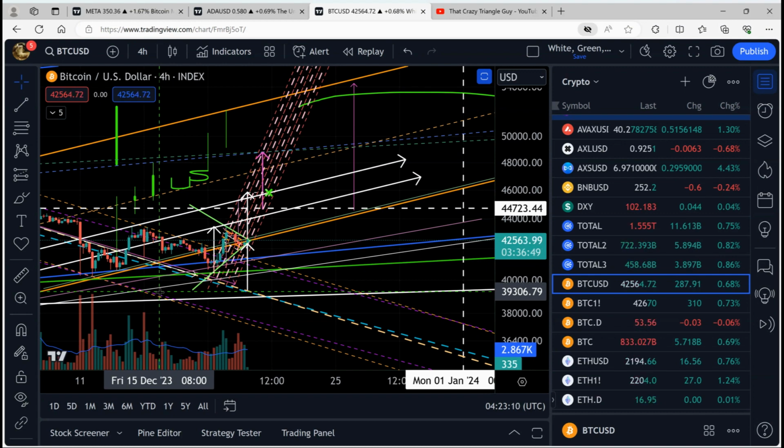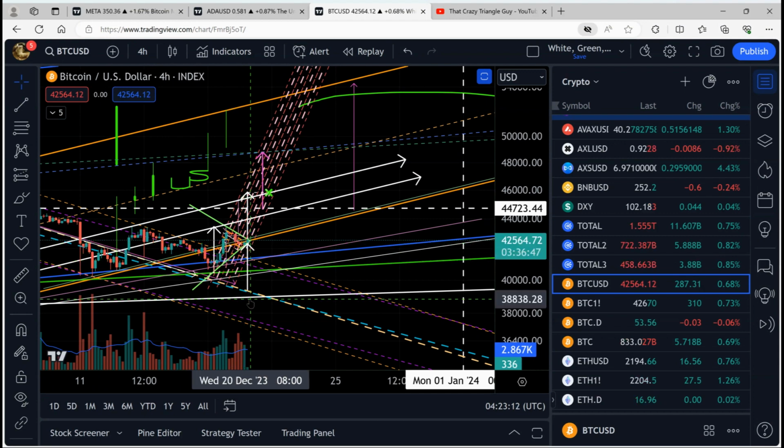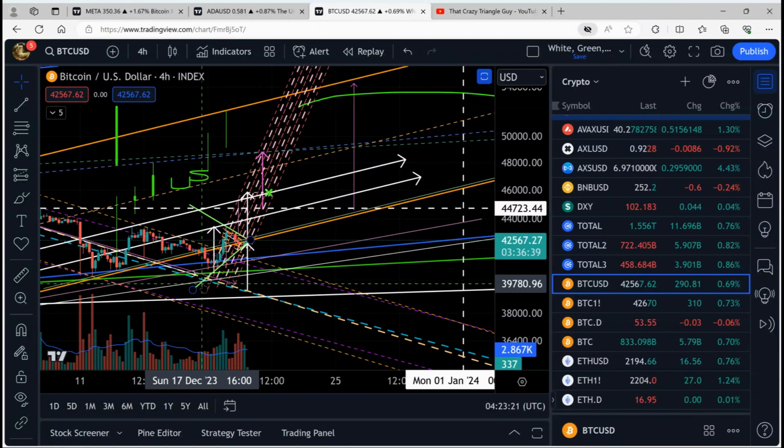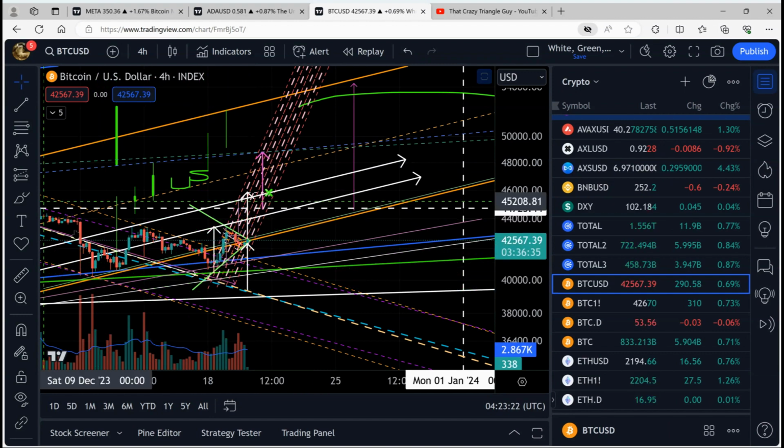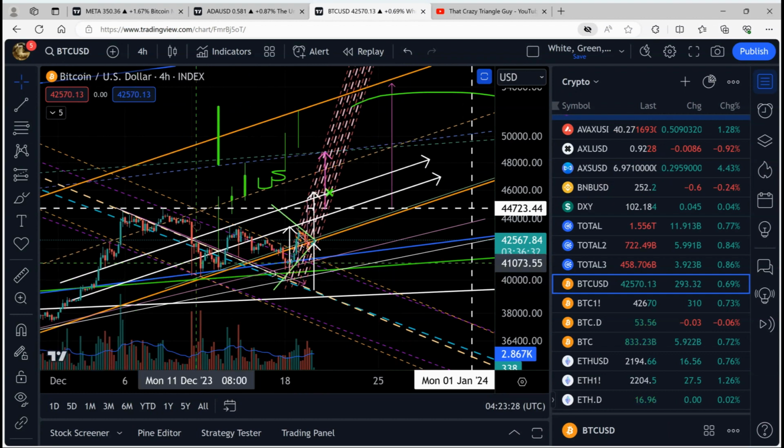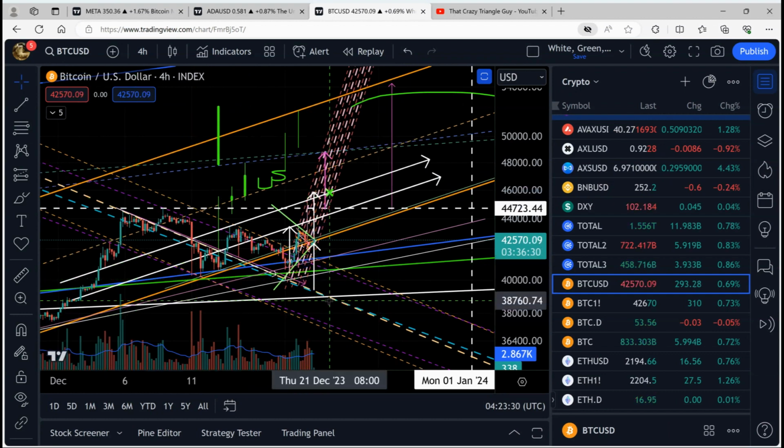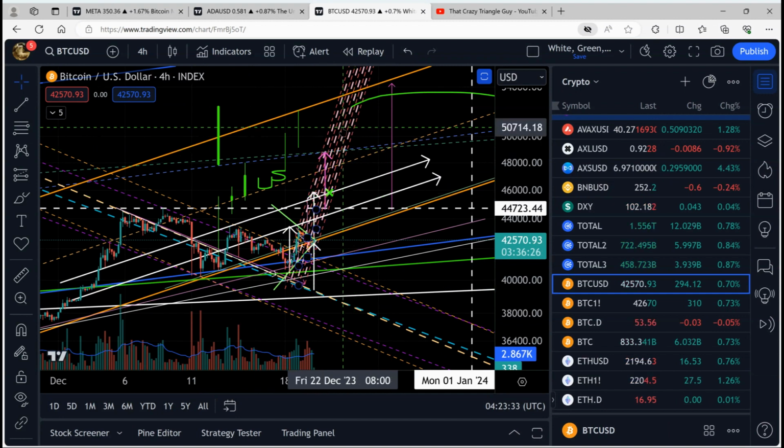So a breakdown from this triangle would solve that little gap situation we had. And it would simply bring us down to the center line of this longer bull flag pattern that we are forming, potentially for another bounce upward anyway.